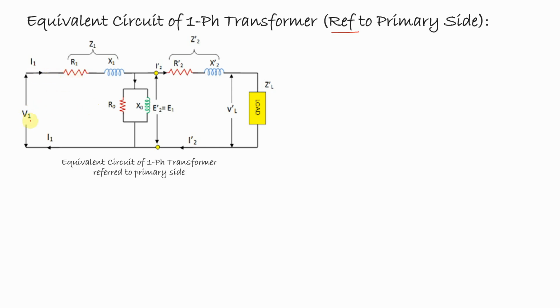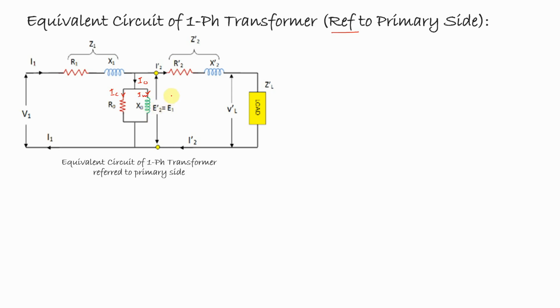V1 is the supply voltage, I1 is the primary current, R1 is the primary winding resistance, X1 is the reactance. This is I0, the no load current. It has two components, IC and IM. IC is flowing through R0, IM is flowing through X0.